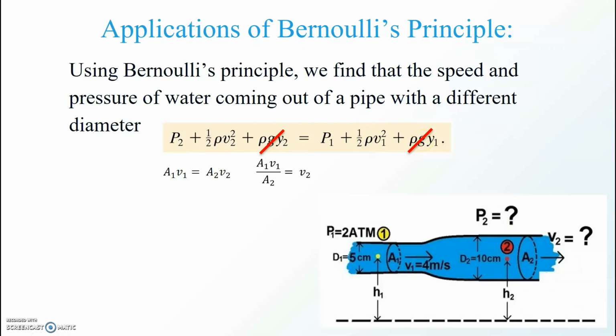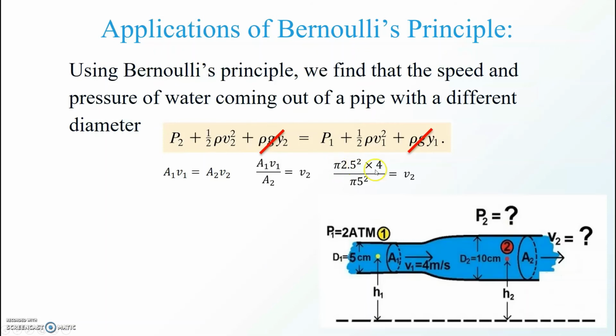But because we're not changing any heights, we can get rid of those quantities. So first we have to figure out what is the velocity based off of our diameters. So what we're going to do is take this equation, solve for the velocity at the end, so we can figure out what our velocity is at the end of the pipe. We know our diameters. Again, we have to halve those numbers to get our radiuses.